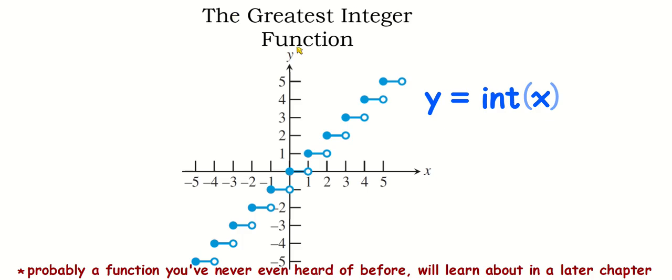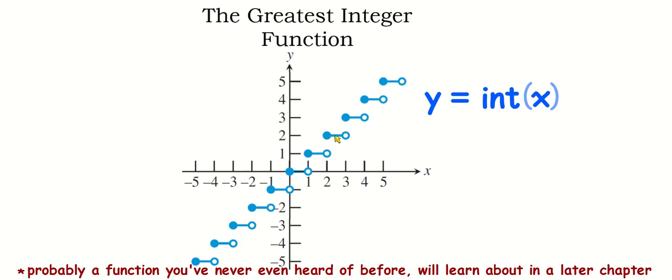The greatest integer function. So this is kind of how it's represented. And since I don't know how much we're going to follow up on this ever again after this lesson, let's at least say out loud here what this function does. So notice how if you input 2 for x, the output is 2.